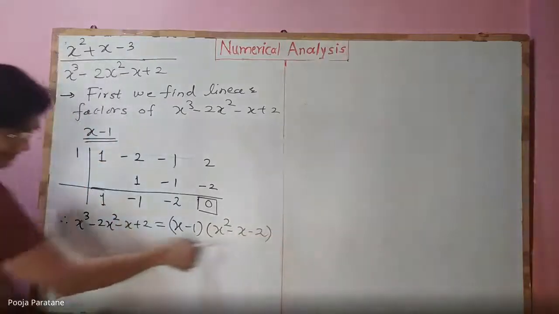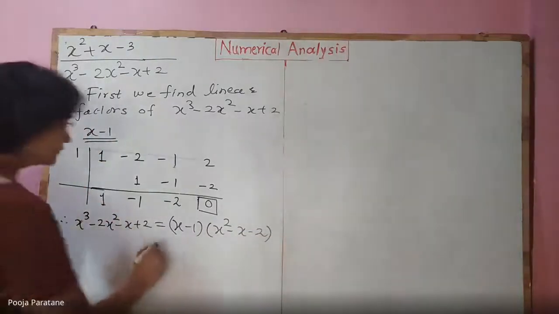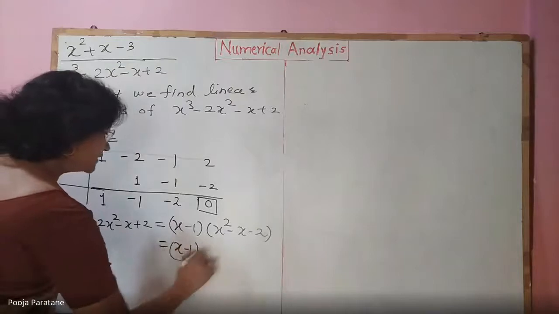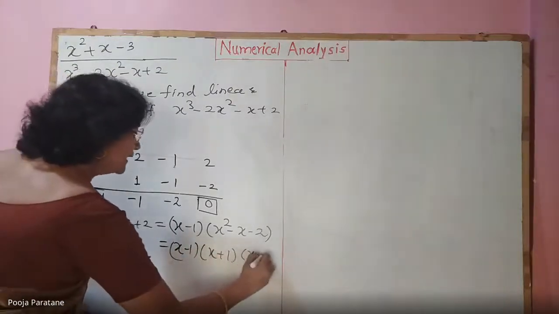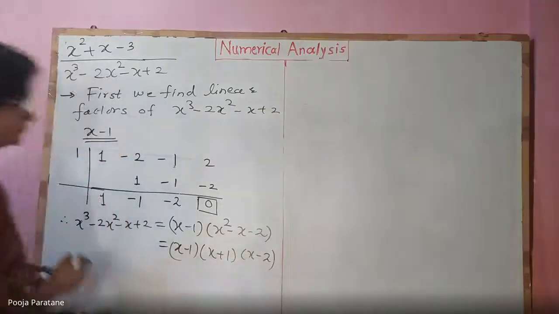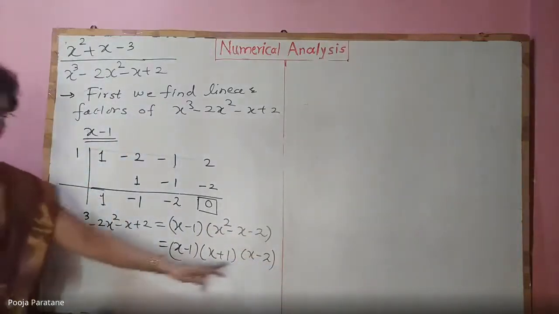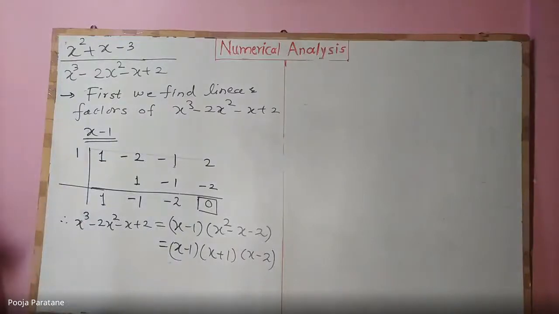And now it is easy to factorize this. So the factors are x minus 1, and now I think here it is x plus 1 and x minus 2. Yes. So in this way we are getting factors of the denominator. Now what to do? We have to create the data because data is not given.